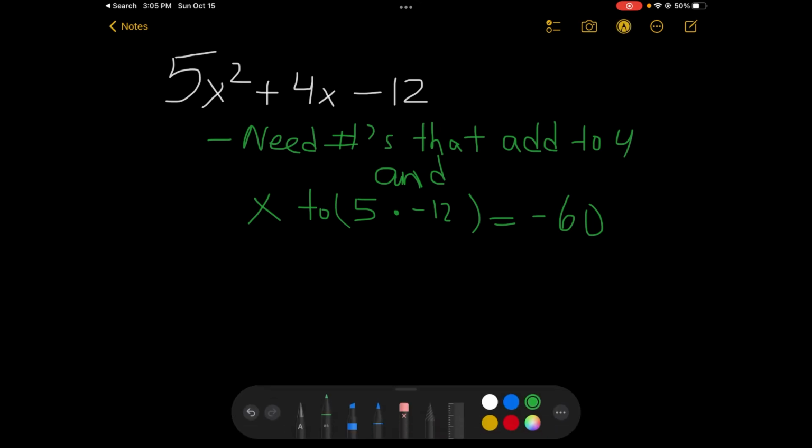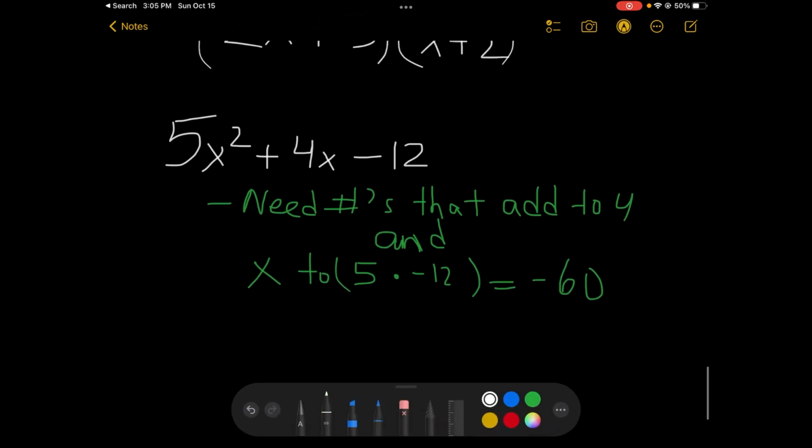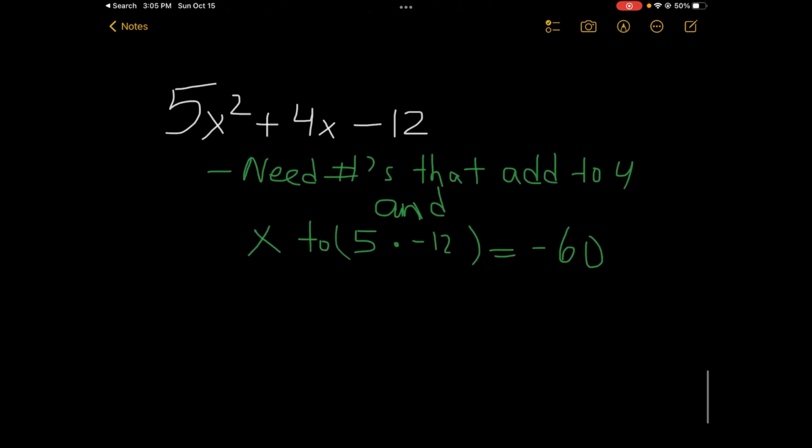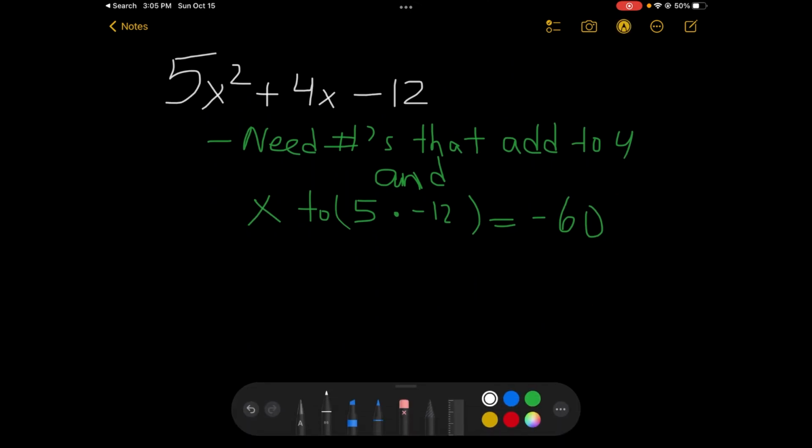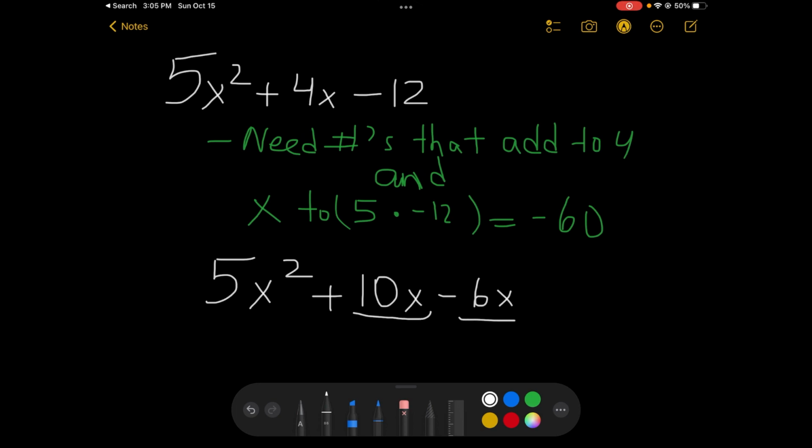So we found our values. So 10 and negative 6 are our values for this example. So we can split the quadratic like this: 5x squared plus 10x. Usually you want to group like the split terms. So 10x and negative 6x are the terms that we branched out from 4x. We split 4x into those two terms.